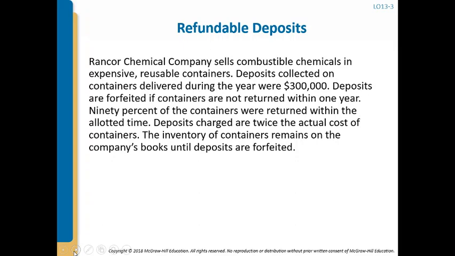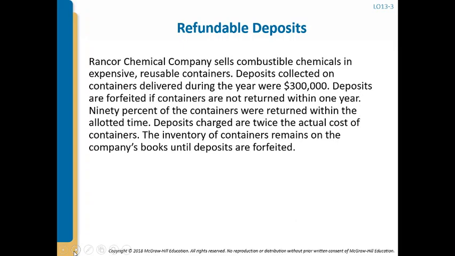It also says deposits charged are twice the actual cost of the containers. And so here, because 10% of $300,000 of containers were not returned, they get to book that as revenue.